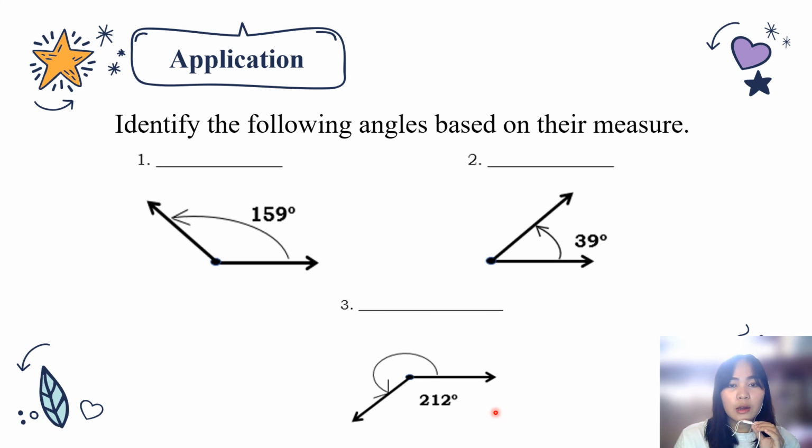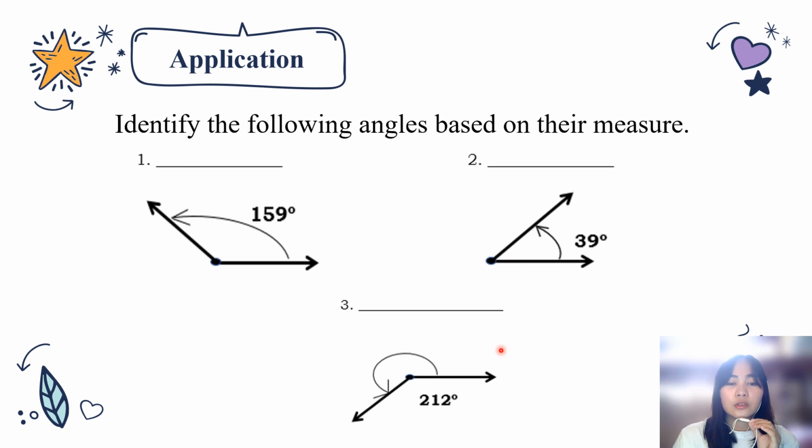We have zero angle, which measures exactly 0 degree. Acute angle is an angle that measures greater than 0 degree but less than 90 degrees. The right angle measures exactly 90 degrees. Obtuse angle is an angle that measures greater than 90 degrees but less than 180 degrees.